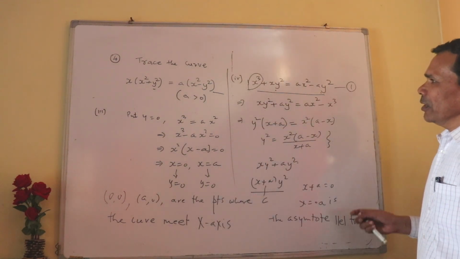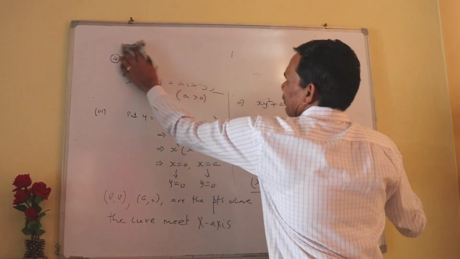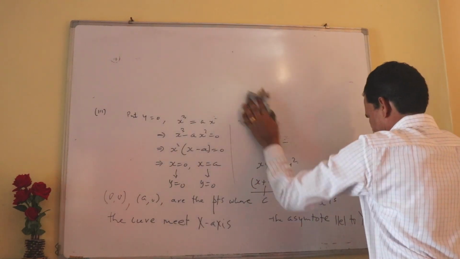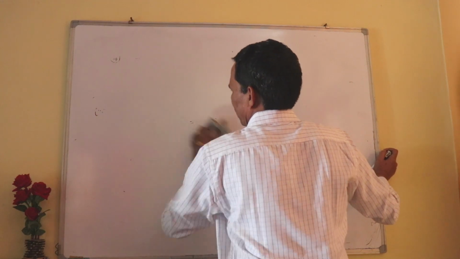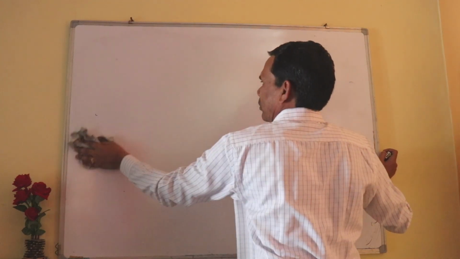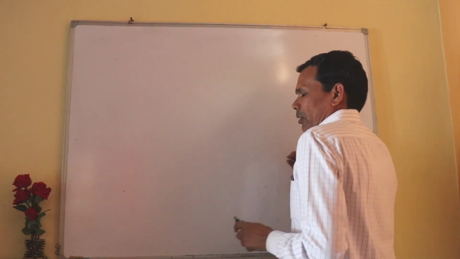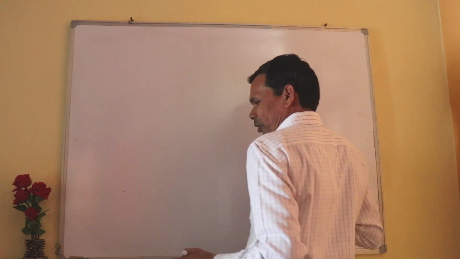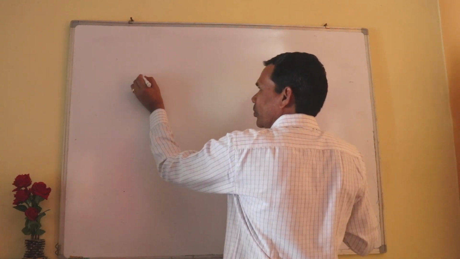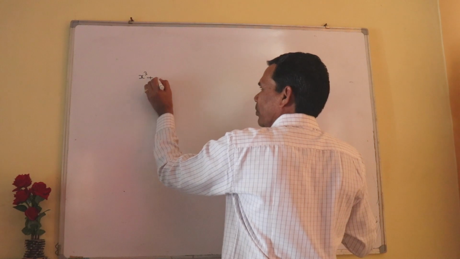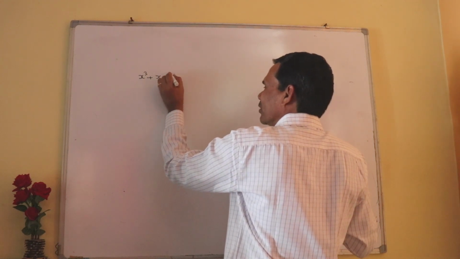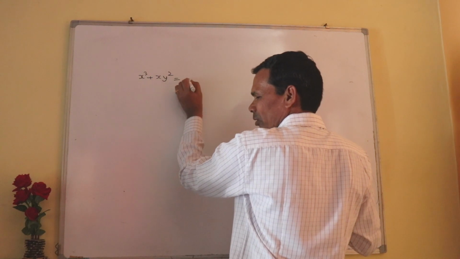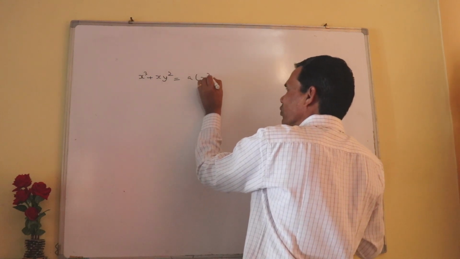for this particular curve. Now next we find dy by dx for this curve: x cube plus xy square is equal to ax square minus y square.